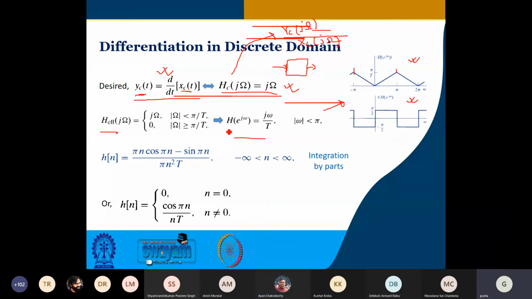Why minus 90? j is plus 90, no? Then why is this side minus 90? So that is due to the negative omega.